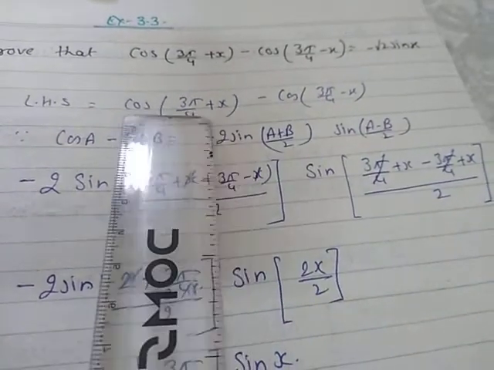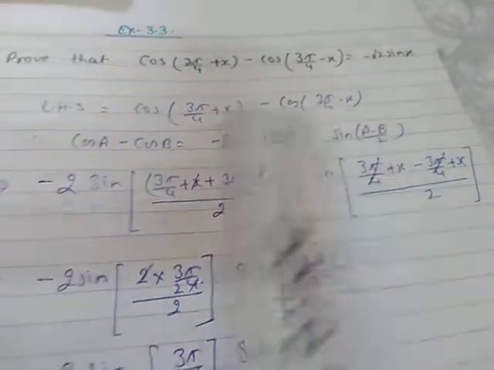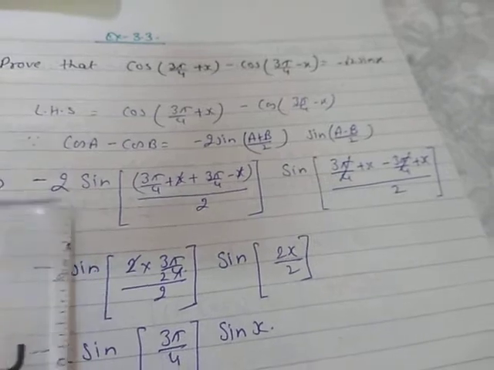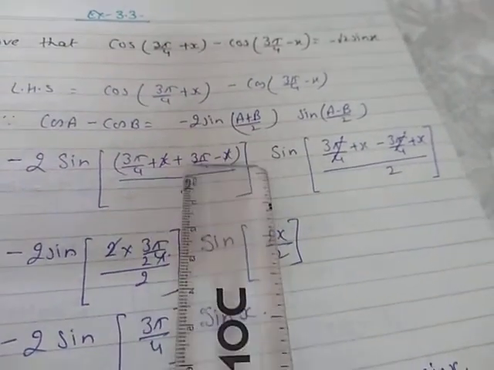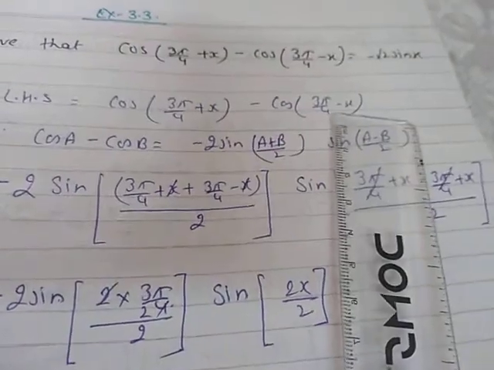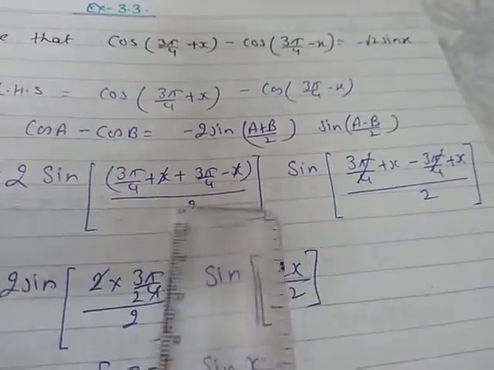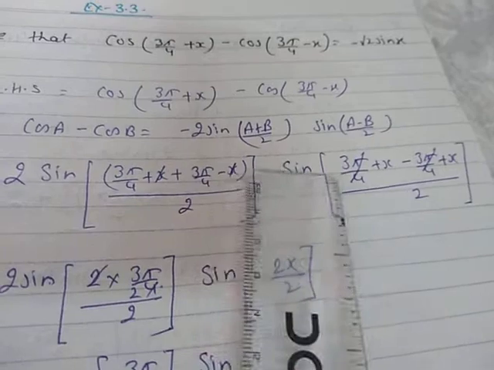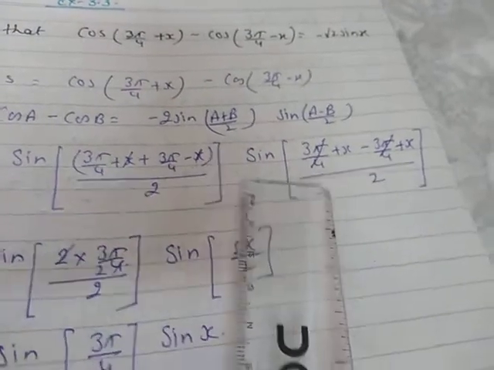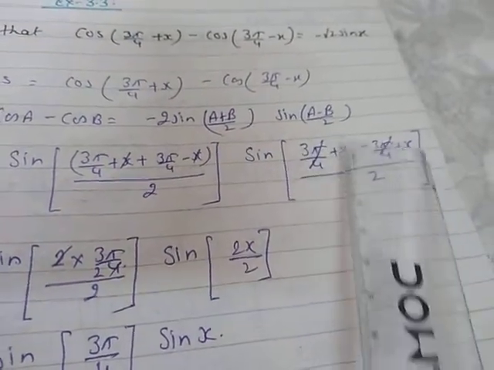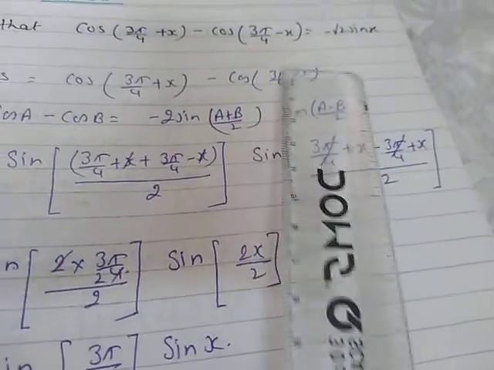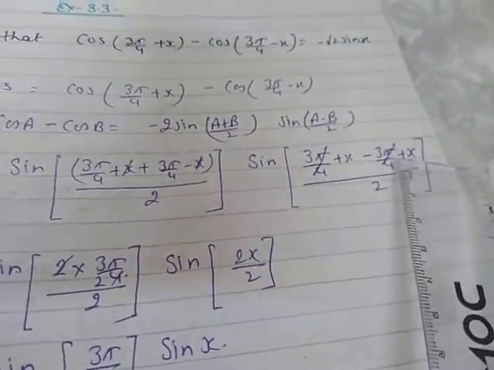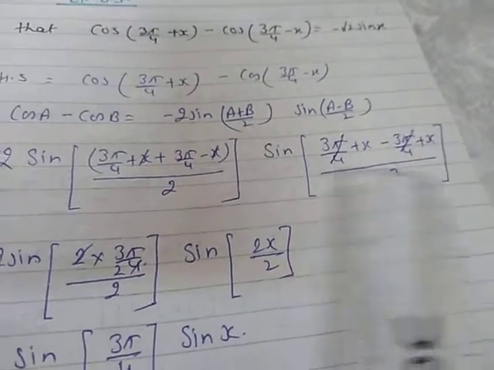That means it will be minus 2 sin((3 pi by 4 plus x plus 3 pi by 4 minus x) whole upon 2) sin((3 pi by 4 plus x minus 3 pi by 4 minus of minus x) whole by 2), where minus of minus will be plus here.